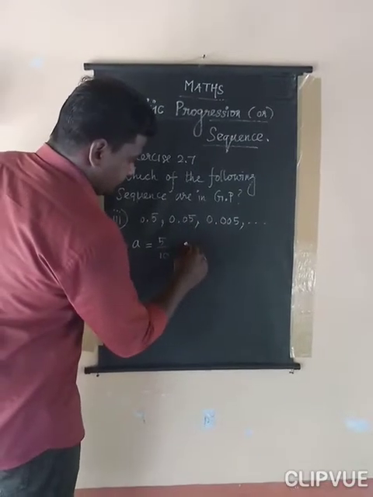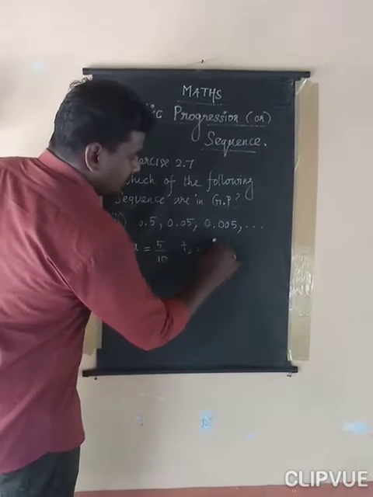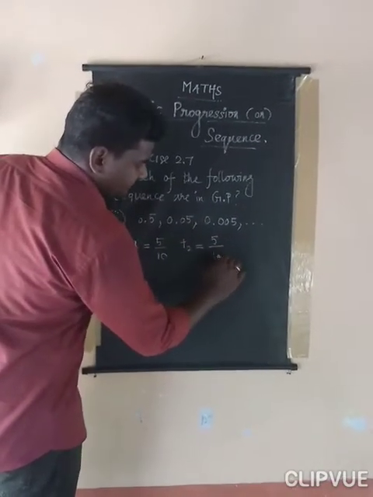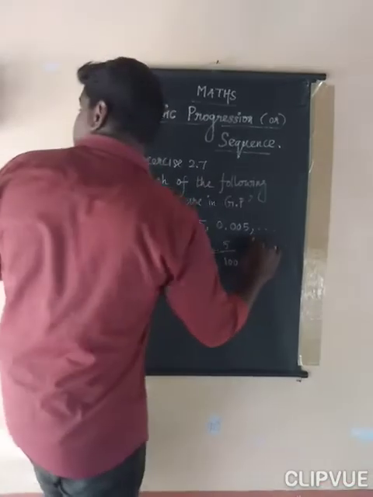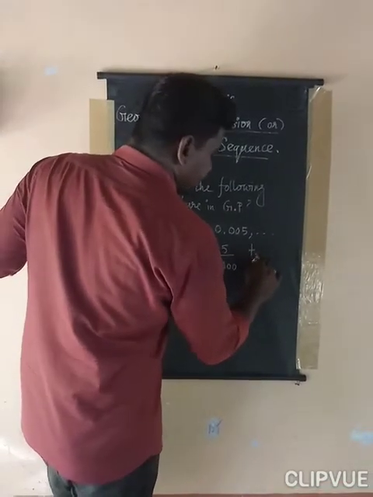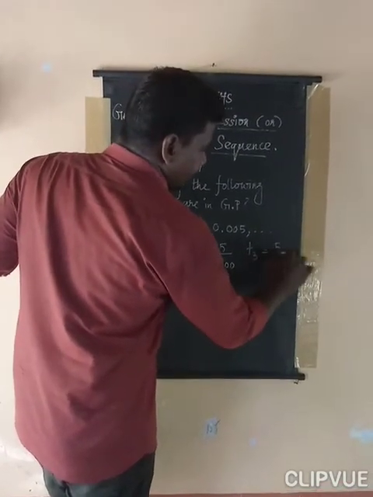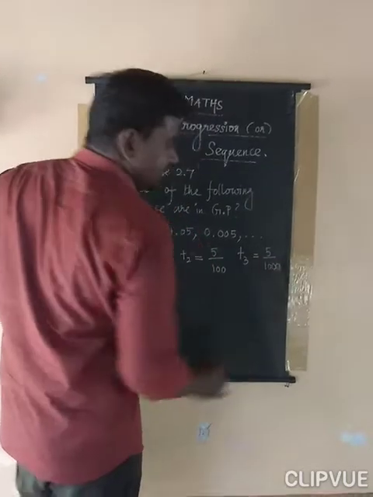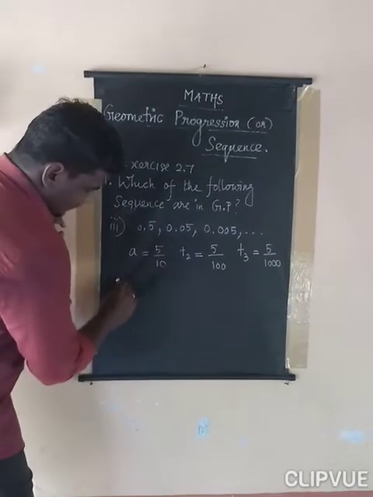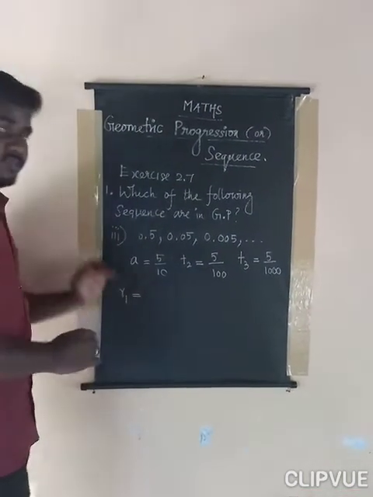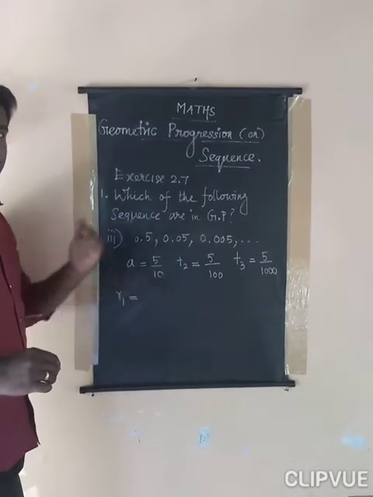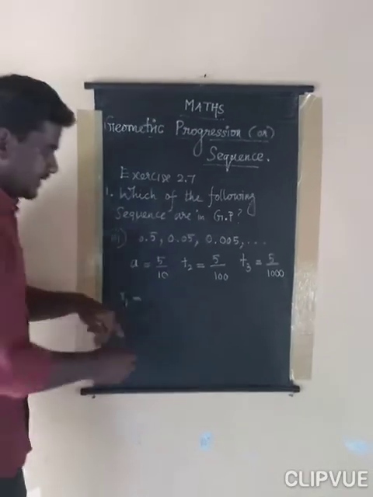And the second term, term 2, can be written as 5 by 100. The third term is equal to 5 by 1000. So the first ratio R1 is the ratio between the second term and the first term.